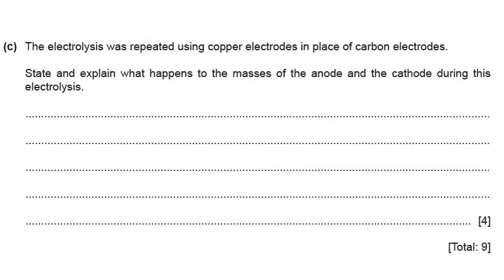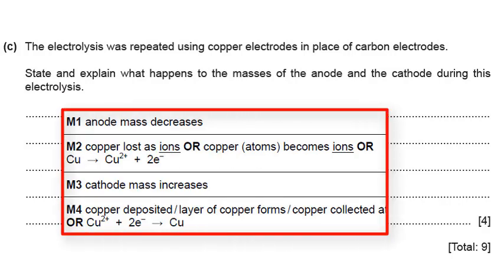Branch C, the electrolysis was repeated using copper electrodes in place of carbon electrodes. State and explain what happens to the masses of anode and cathode during the electrolysis. As a result of the oxidation process of the anode, the mass of anode decreases. You can explain this decrease by an equation. The same for cathode.